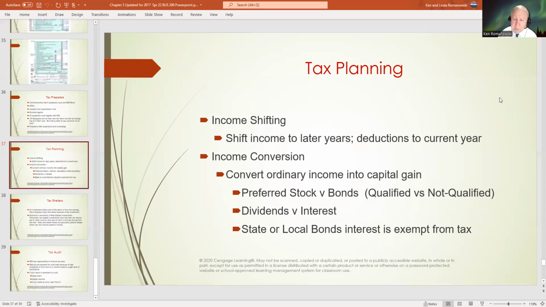So for example, if I live in Montgomery County, Pennsylvania, in Norristown, and I own a Pennsylvania bond, I not only don't have to pay state and local tax on that bond, but I also don't have to pay federal tax because I live in the same municipality that issued that particular bond. That's the way the rules are for municipal bonds.